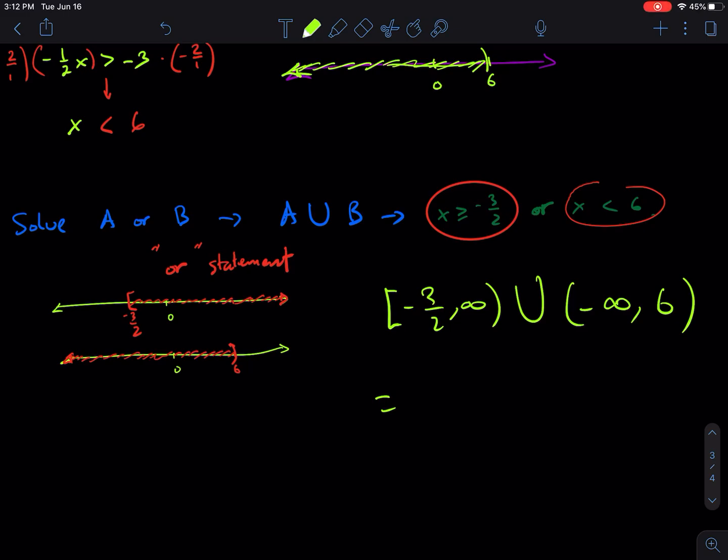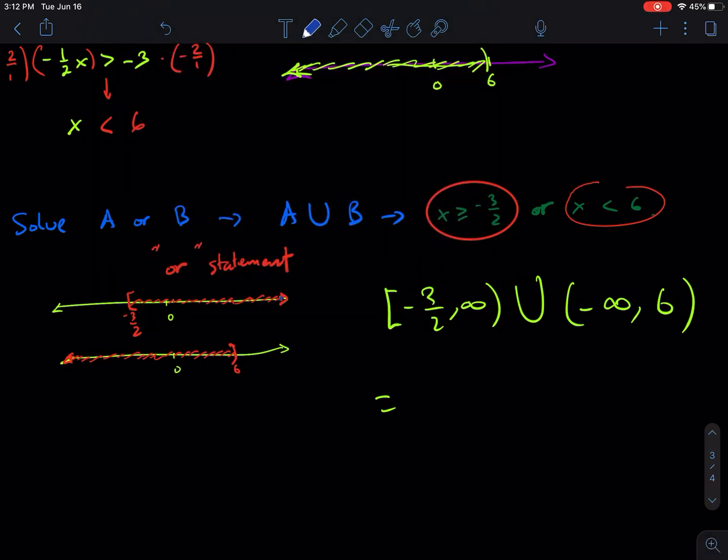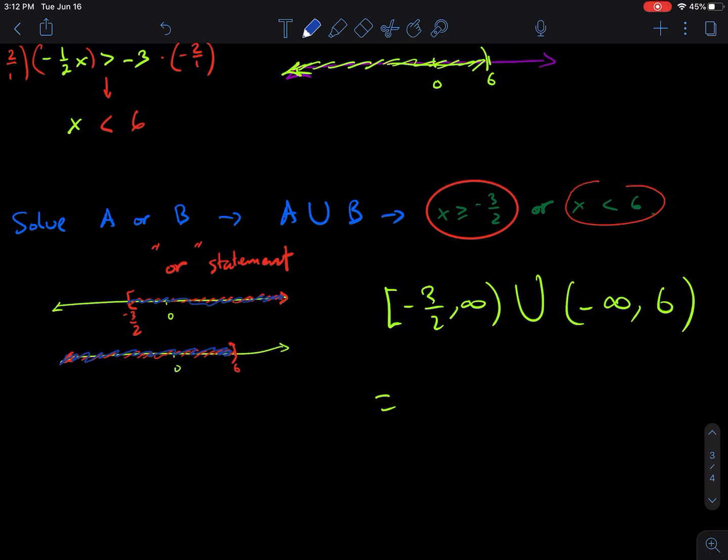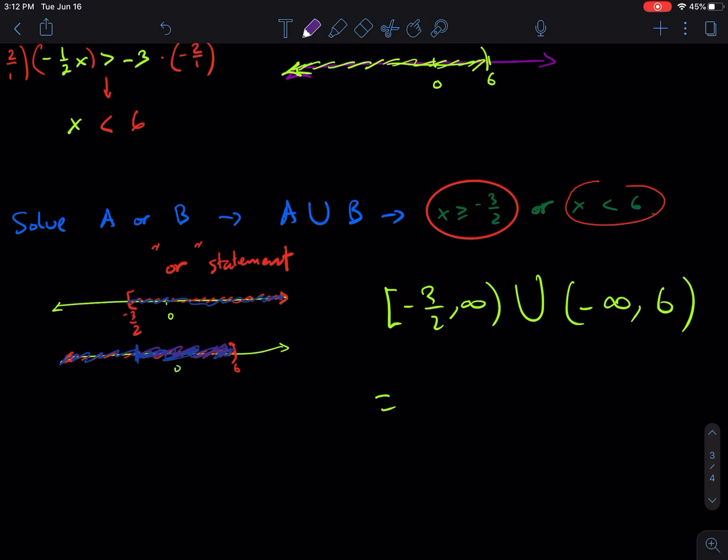For the OR statement, we consider everything in A, and then everything in B, but everything in B already had things in A, which is this part here. So that's already in A, and we're just missing this part here to combine.